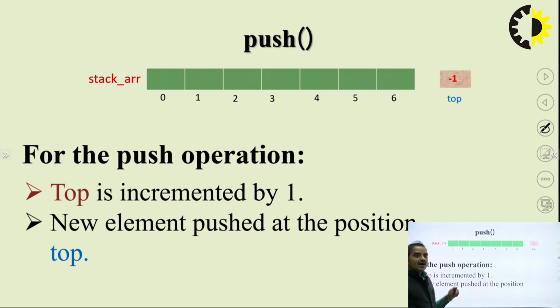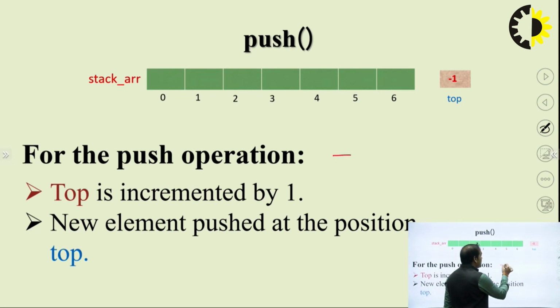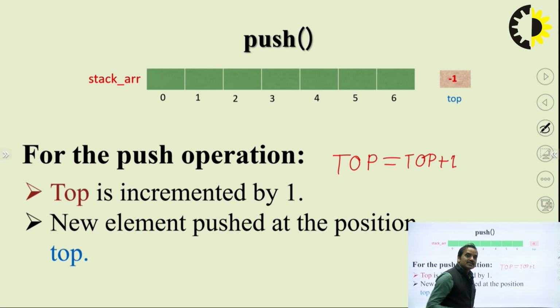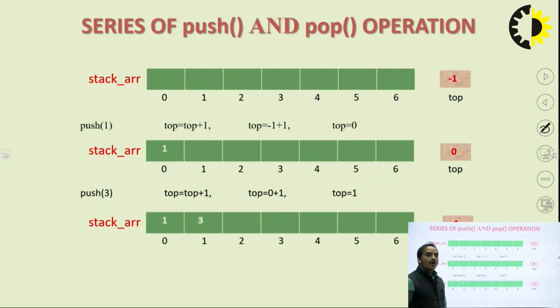Initially, when we want to push an element, first we have to increment top by 1. That means top equal to top plus 1. Then at this position, we insert an element. This is written here: top is incremented by 1, then the new element is pushed at the position top. After incrementing the value of top, we insert the element at the top position.